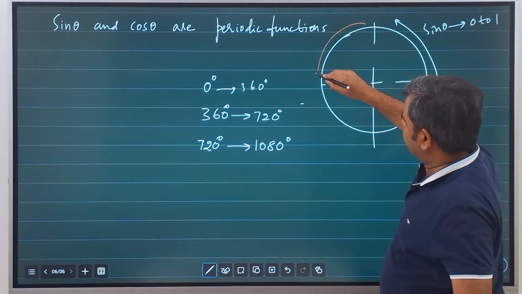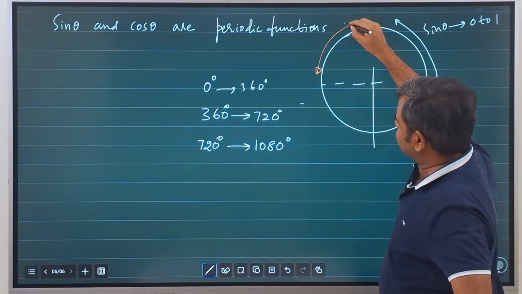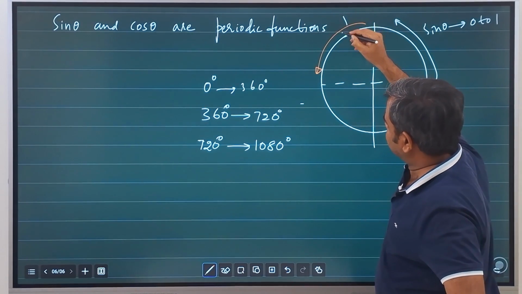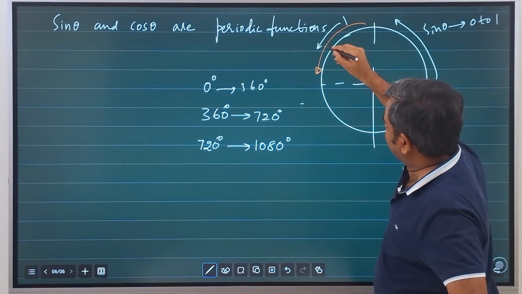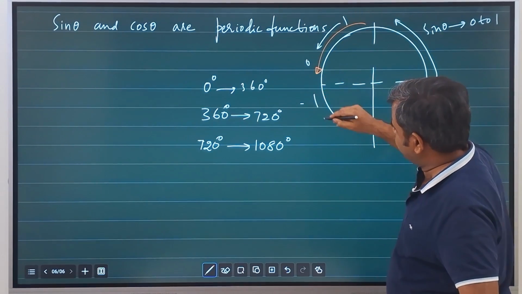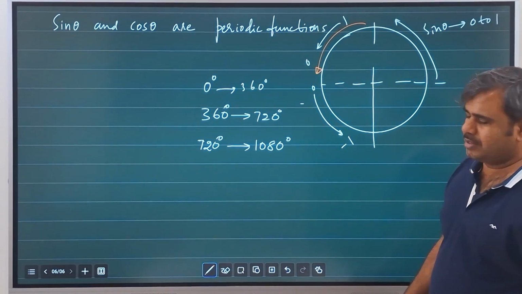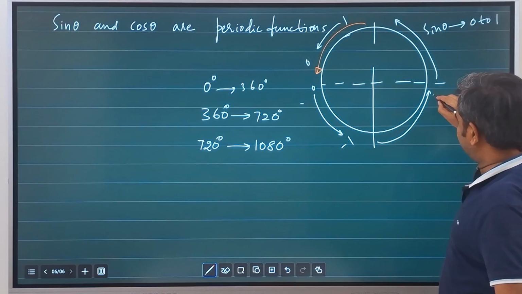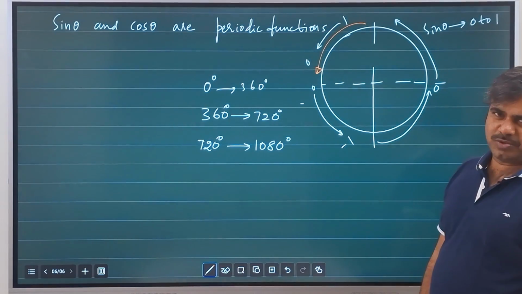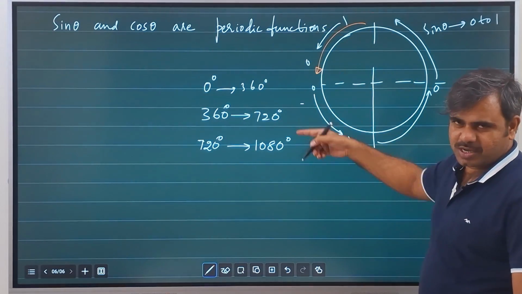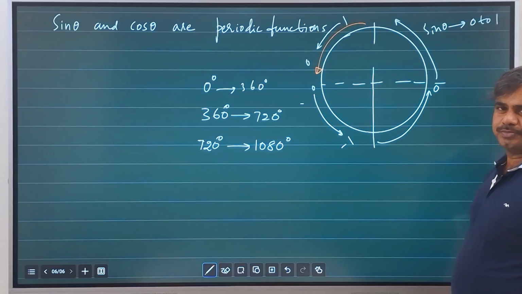In the second quadrant, sine theta value decreases from 1 to 0. And in the third quadrant, sine theta value decreases from 0 to -1. In the fourth quadrant, sine theta value increases from -1 to 0. This is from 0 degrees to 360 degrees.